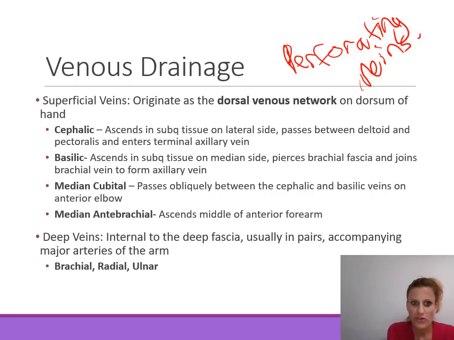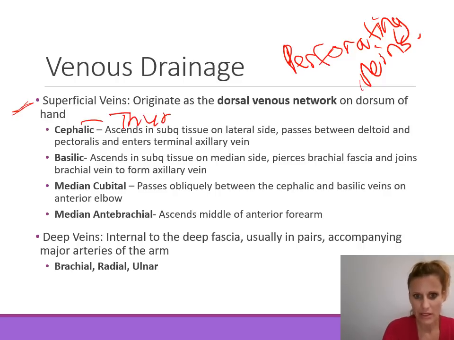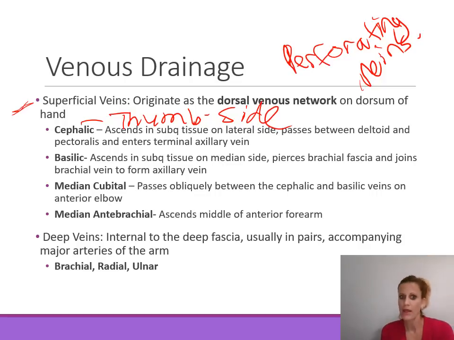So the superficial veins originate on the dorsal side of the hand as the dorsal venous network. Then from the dorsal venous network, the cephalic and basilic veins continue all the way up the arm. The cephalic vein ascends on the thumb side of the forearm and arm in the subcutaneous tissue, again, lateral side or thumb side, and eventually it comes all the way up the arm.